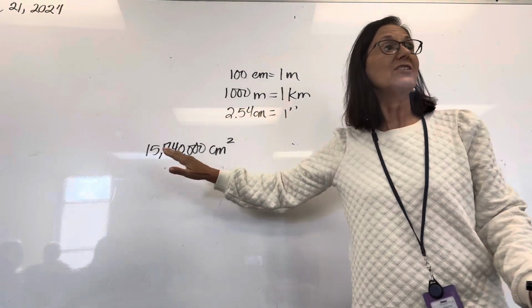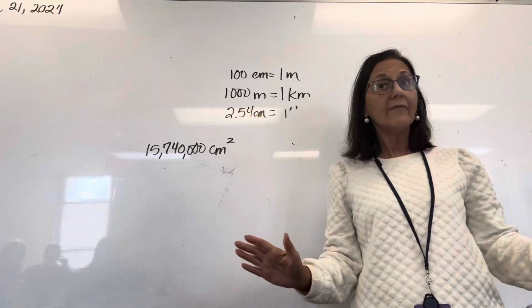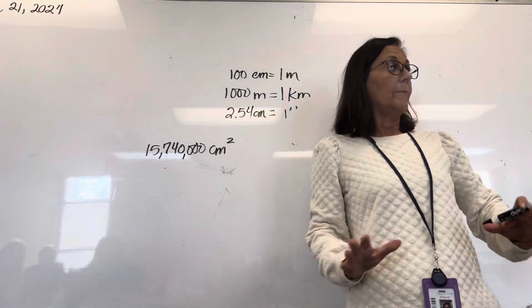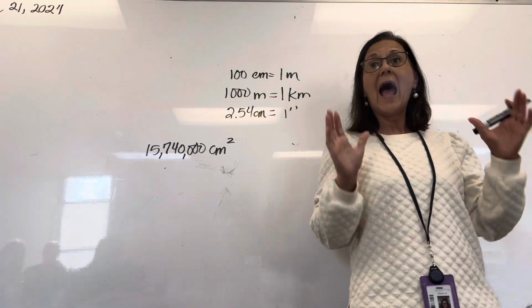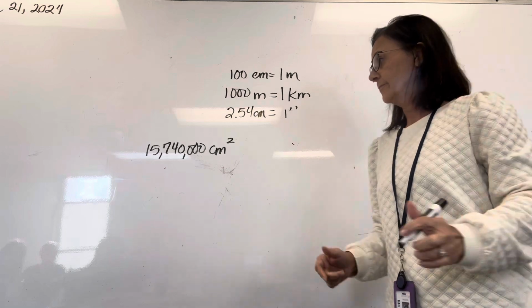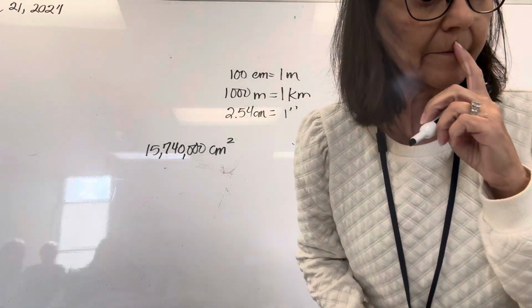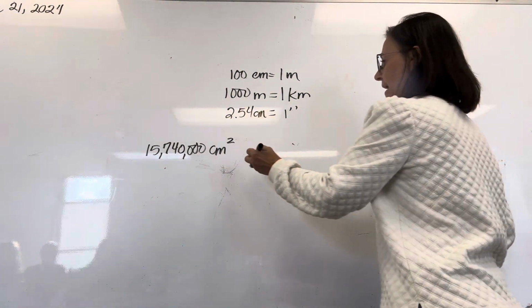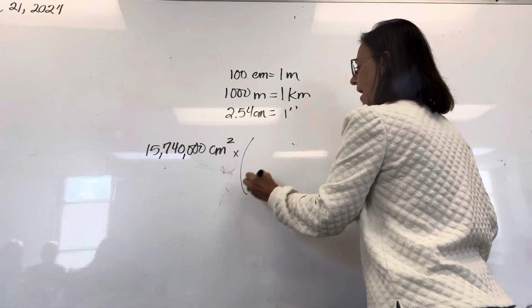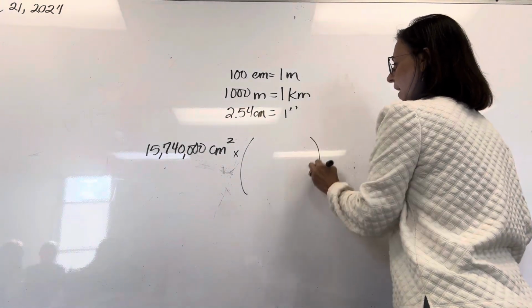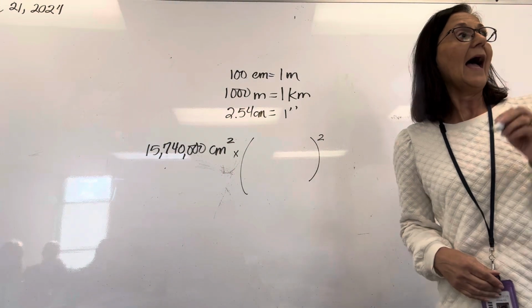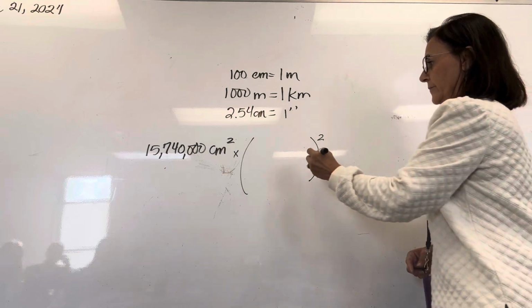This term is already squared, so you don't have to square it. But all of our unit multipliers have to be squared. What are we going to? Square kilometers. Same thing, but now each one of our unit multipliers has to be squared.